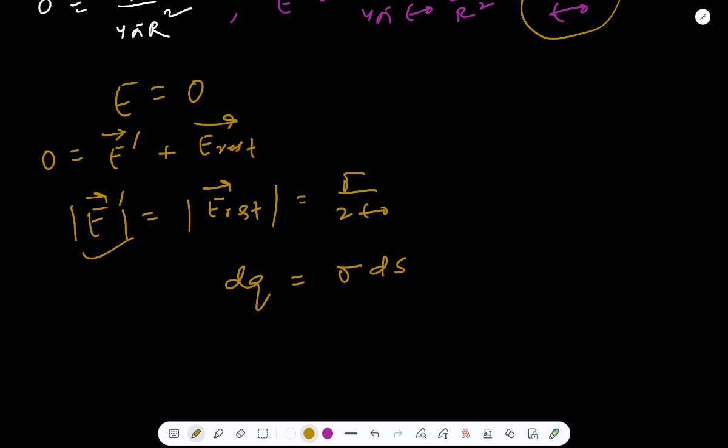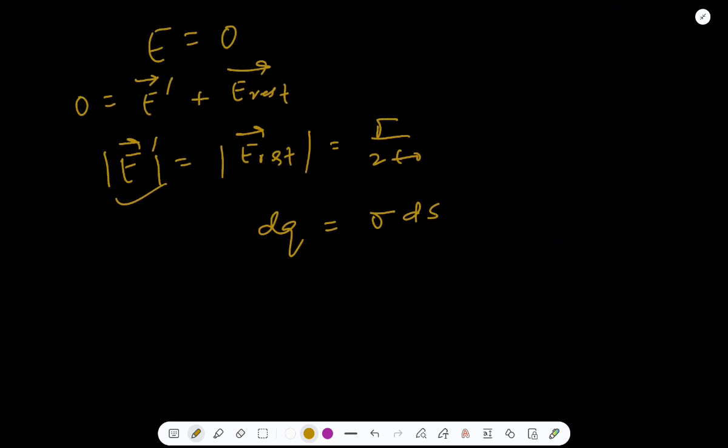The force exerted by the other charges on the sphere on this charge dq can be written as df, and df is the electric field produced by the rest of the charges multiplied by dq, by definition. This E rest has the magnitude equal to E patch, and that is sigma by 2 epsilon naught. So df can be written as sigma by 2 epsilon naught multiplied by sigma ds, the charge on the patch.